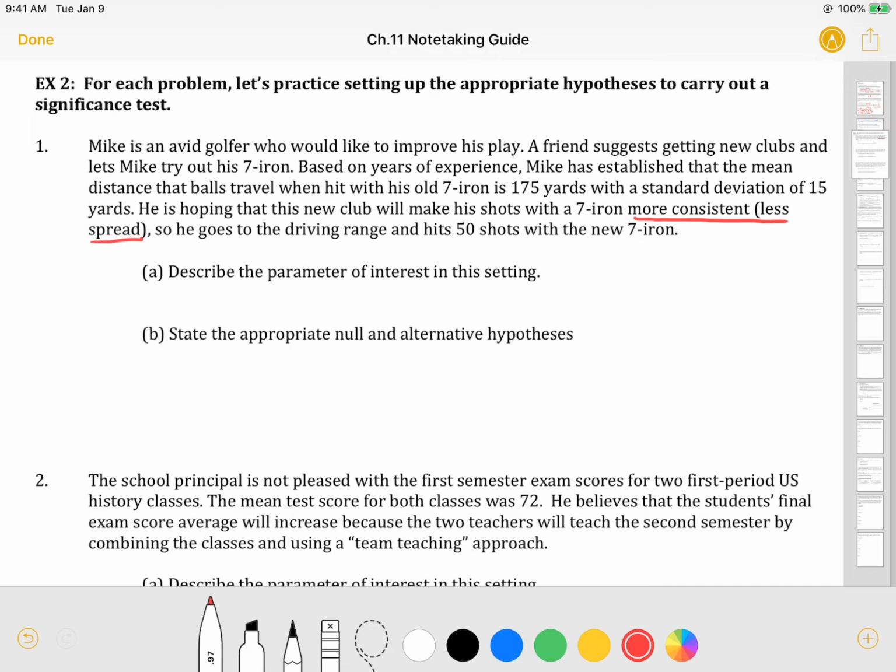So we are talking about spread, which is standard deviation, right? So when we state our parameter, we're going to say let sigma here equal the true standard deviation of Mike's drive distances with his new 7-iron.